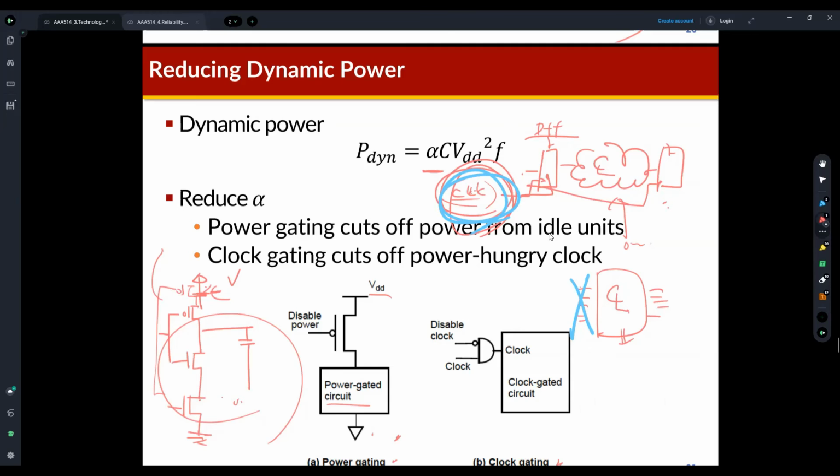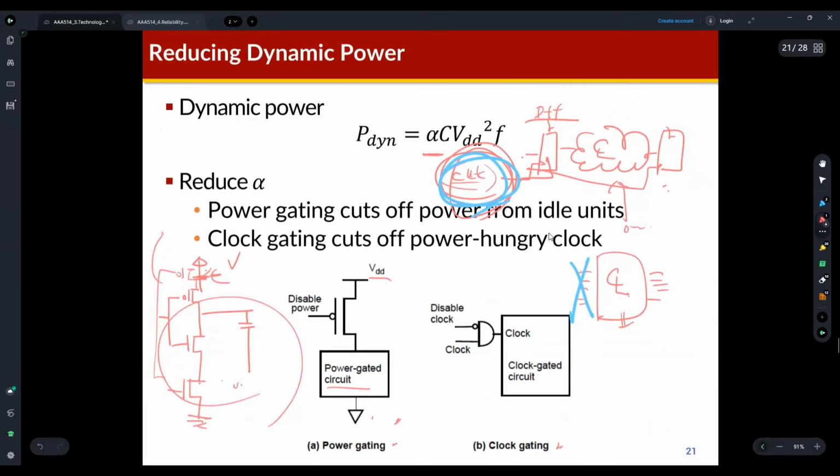But actually, this technique is related to static power consumption, not dynamic power, because if we control the power source to the circuit, the entire circuit in this power gating domain is entirely turned off. So we cannot use this circuit or this domain.